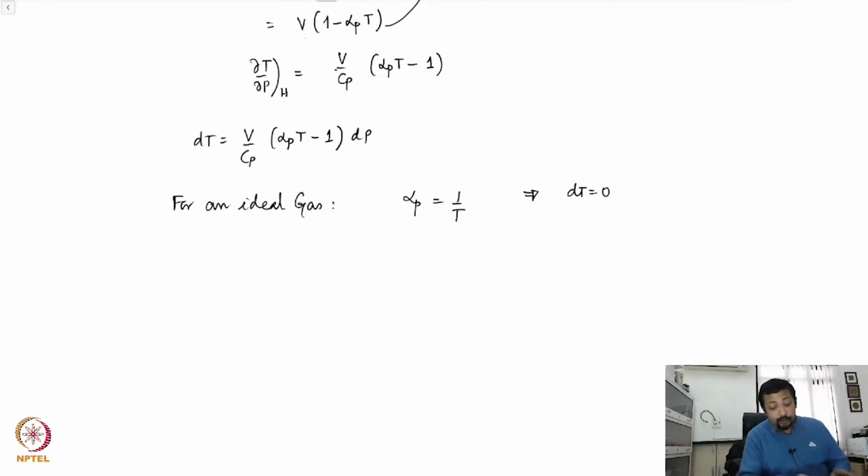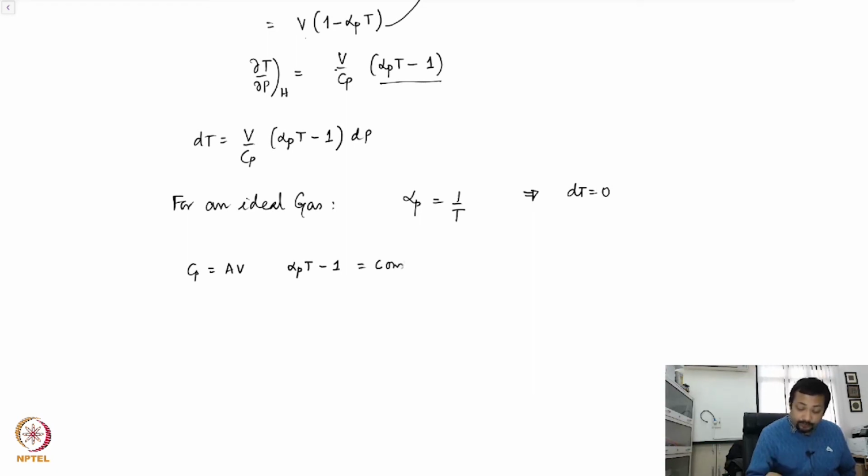However, depending on the sign of this quantity, one can expect whether the gas can either cool down or heat up. So for example, let's take it very simply. This doesn't pertain to any system. Let's say I have Cp going as A times volume, and I take alpha P T minus 1 equal to a constant, let's say B, and this is greater than 0.